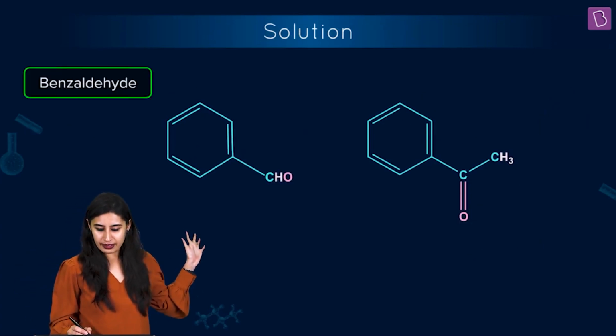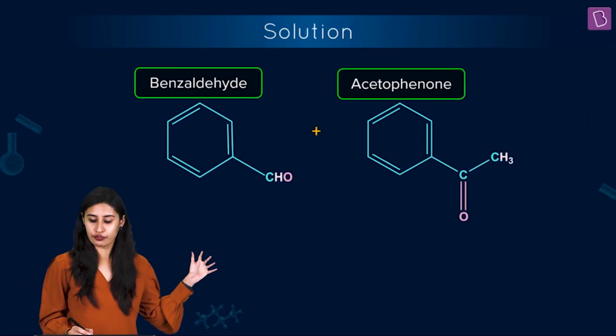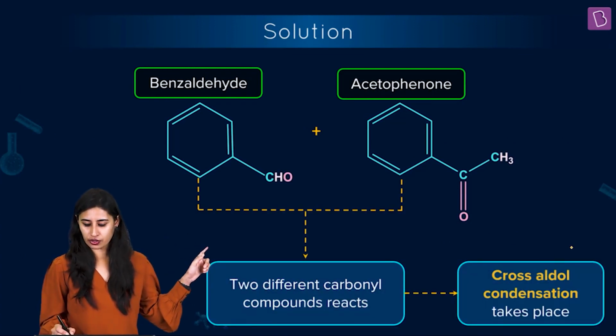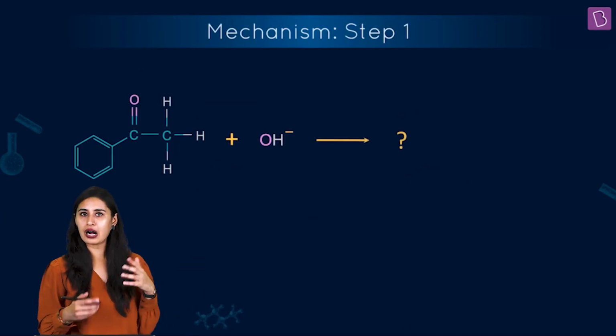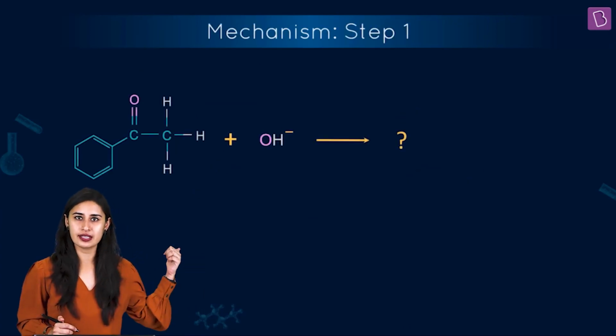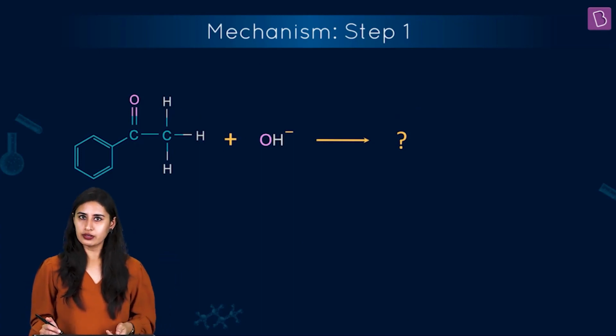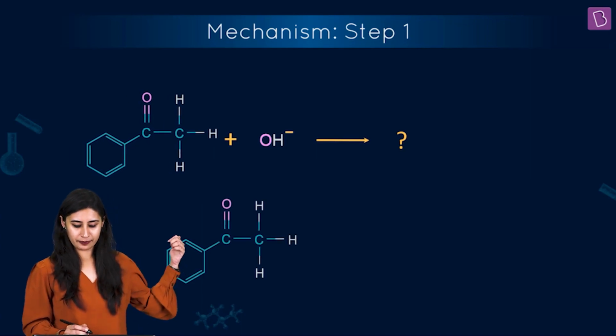Let's take benzaldehyde here. Let's take acetophenone here. Let's understand that 2 different carbonyl compounds react. Cross aldol takes place. So how is it taking place? The mechanism is right here in front of you. Acetophenone. There is basic medium OH minus. See what's going to happen.